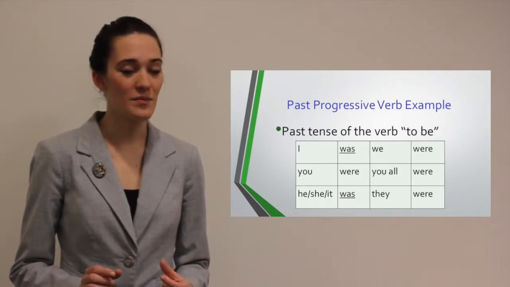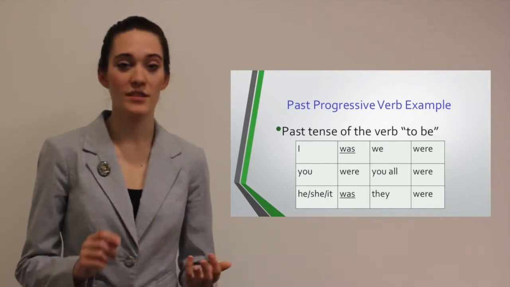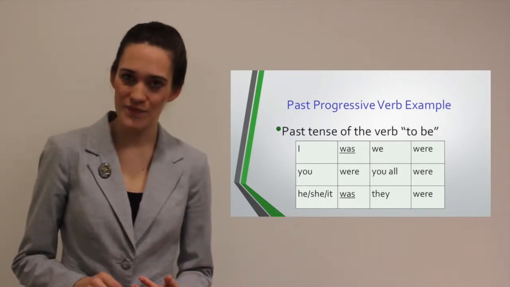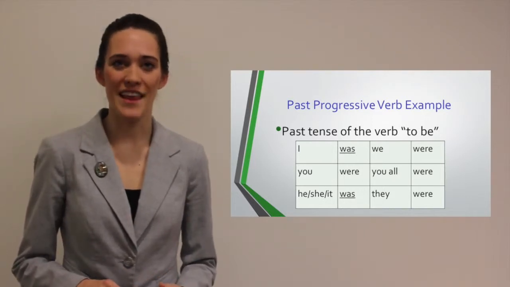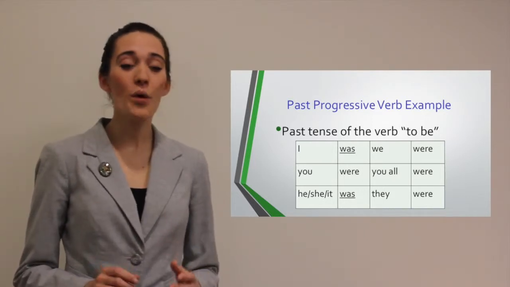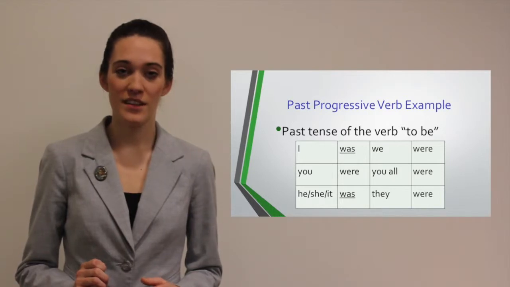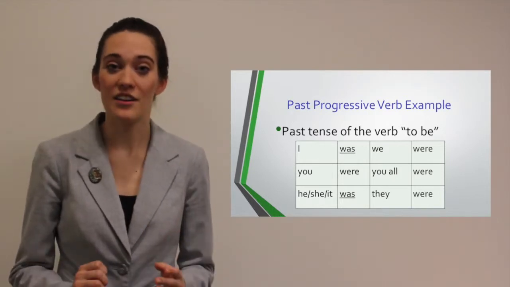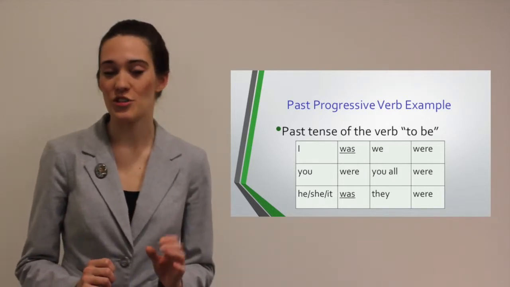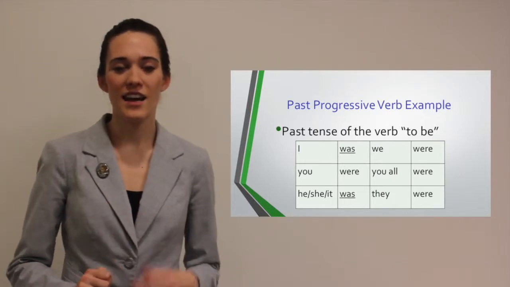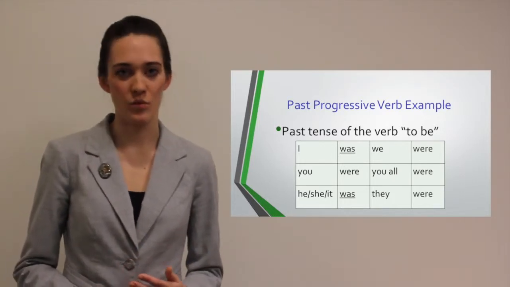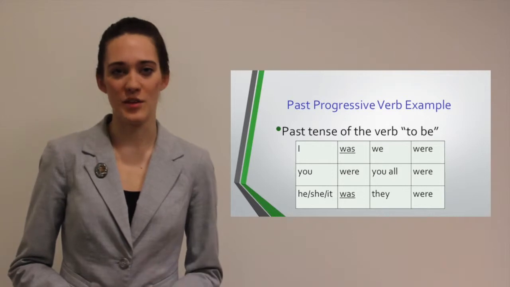Those are different from you were, we were, you all were, and they were. It's very important that you memorize this verb. It's going to appear in a lot of other verbs, so make sure that you understand these perfectly. I can't tell you why was and were is happening, but it's important that you memorize them.